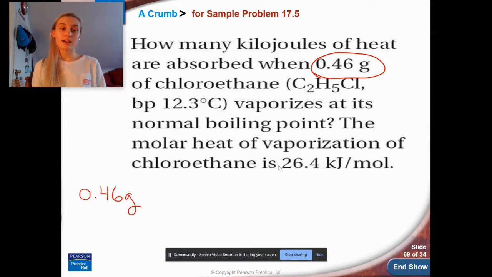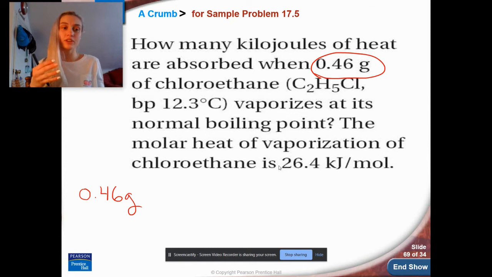And that's because there are no formulas for this kind of stuff. When we're doing heat of vaporization, heat of fusion, heat of solidification, which one did I miss? I don't know. But when we're working with those heats of, there's no real equation to solve for those. You just use these conversion factors. And that's why I've only been using conversion factors, because that's what you're supposed to do.